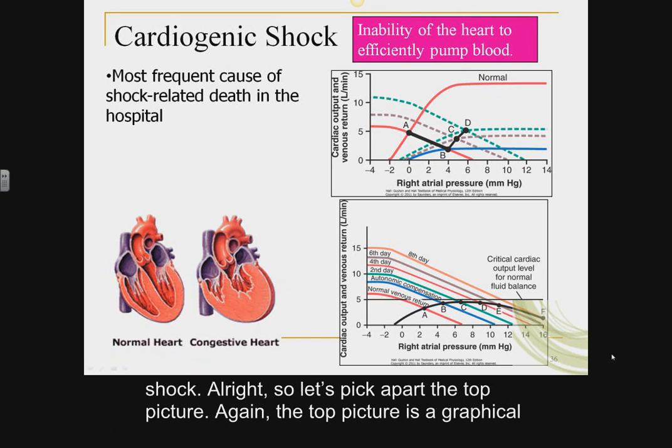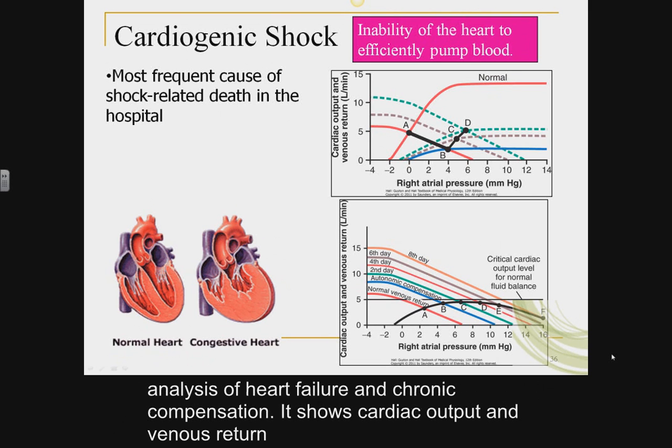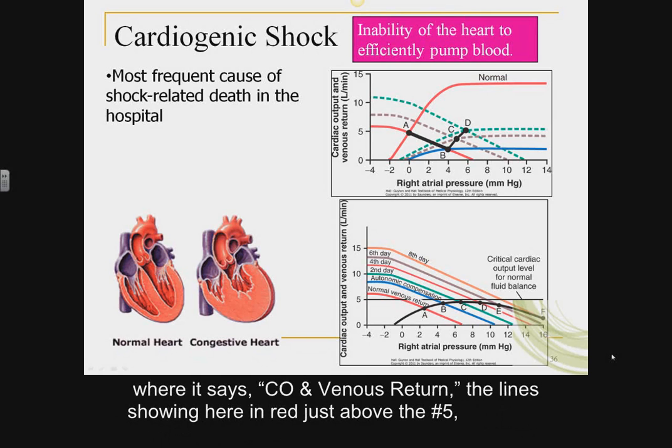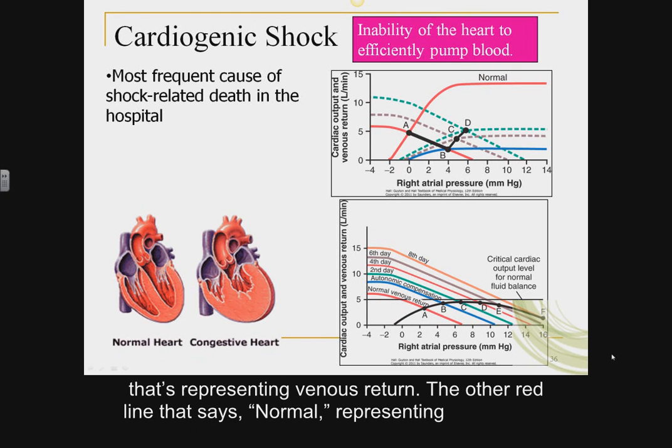The top picture is a graphical analysis of heart failure and chronic compensation. It shows cardiac output and venous return curves for different states of heart and peripheral circulation. On the left side, where it says CO and venous return, the line showing here in red, just above the number 5, that's representing venous return. The other red line that says normal is representing cardiac output.